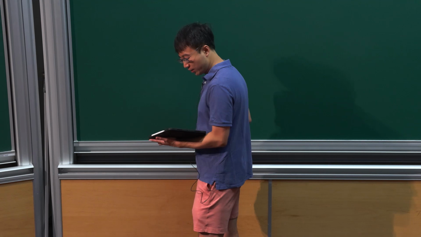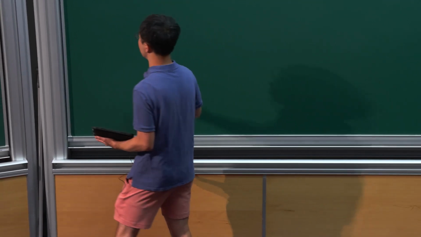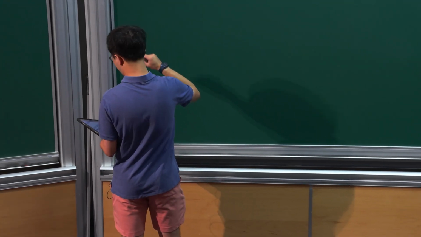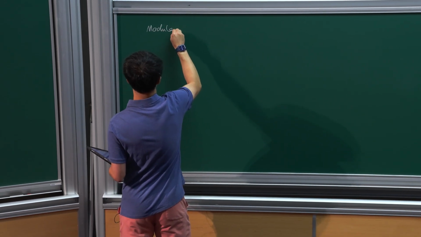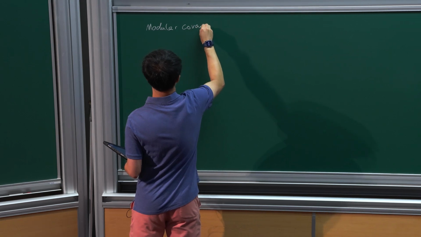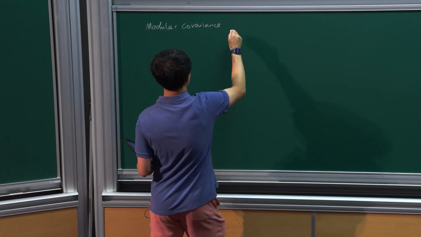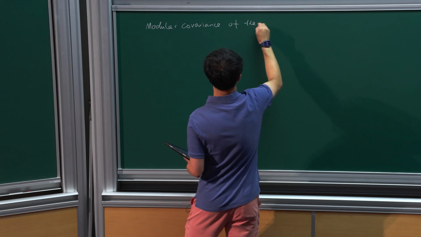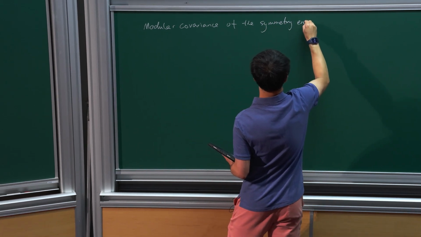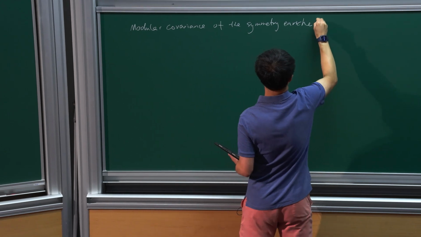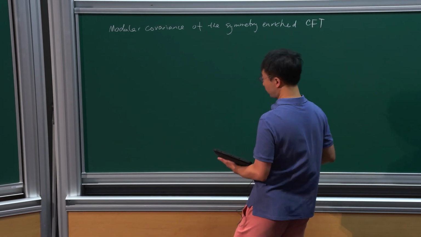Let's briefly recall this important axiomatic constraint we wrote down last time, namely modular covariance of the symmetry enriched CFT.